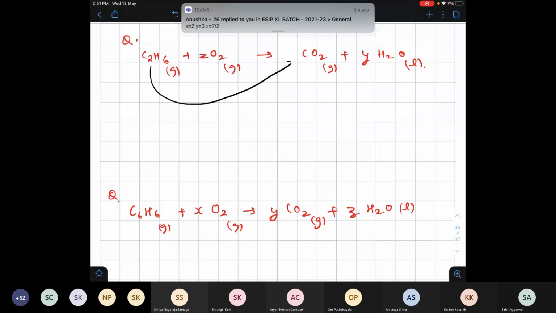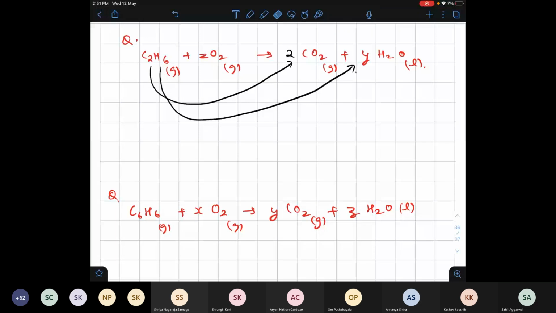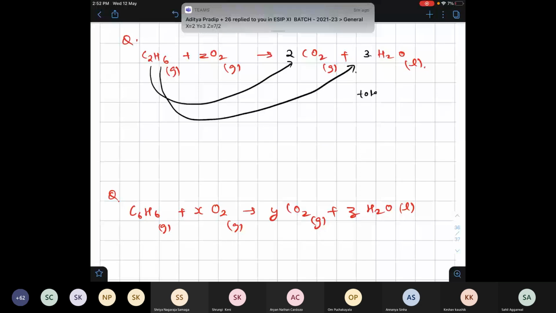Two carbon, so 2 CO2, 6 hydrogen, so 3 water. Total oxygen is 7, so this will be 7 by 2.